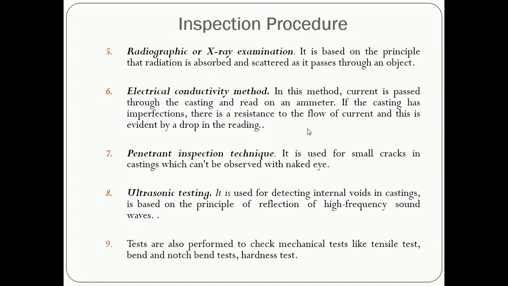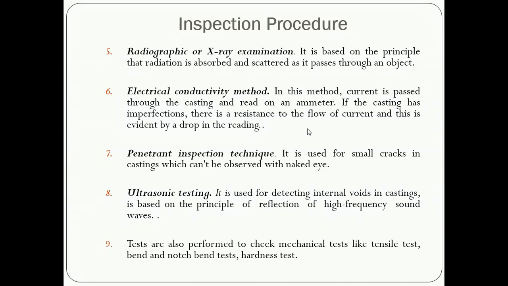Tests are also used to check the mechanical properties of that cast part like tensile test, bend test, notch bend test or hardness test. Inspection procedure of casting consists of some non-destructive tests as well as destructive tests. Radiographic testing, electrical conductivity method, penetrant inspection, ultrasonic testing, dye penetrant, visual examination, all these are non-destructive testing.